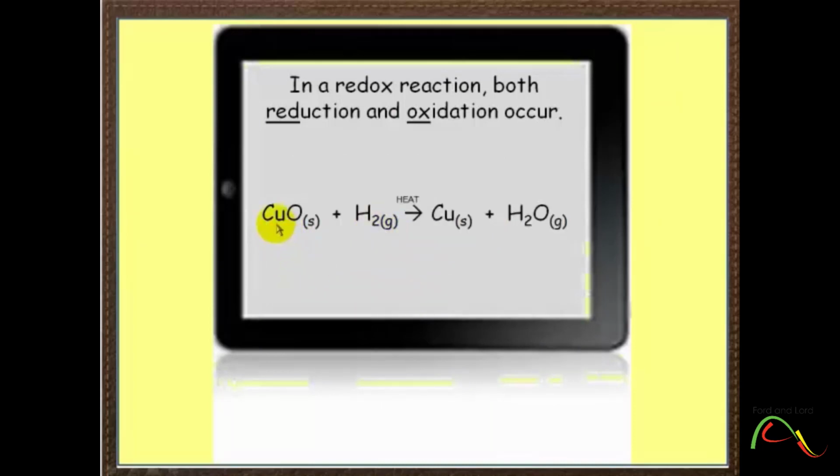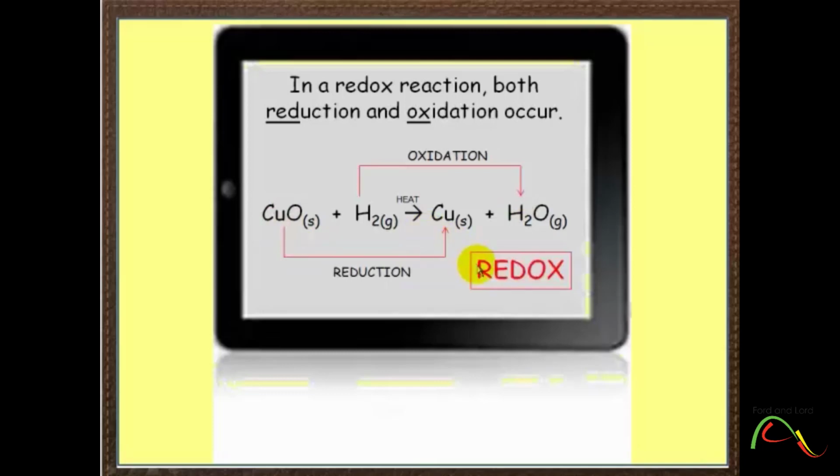Copper oxide is heated, hydrogen is passed over it, the hydrogen steals oxygen, leaving copper plus water. So hydrogen itself is being oxidized because it's gaining oxygen, but copper is being reduced because it is losing oxygen. This is what is called a redox reaction, because you've got both reduction and oxidation happening simultaneously.